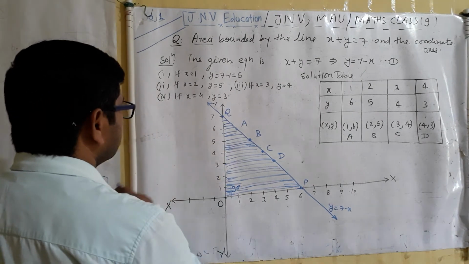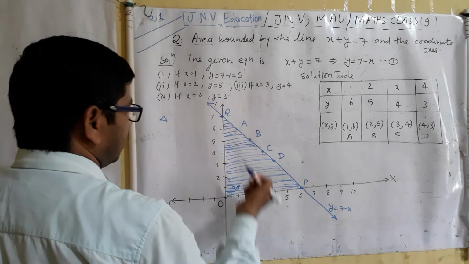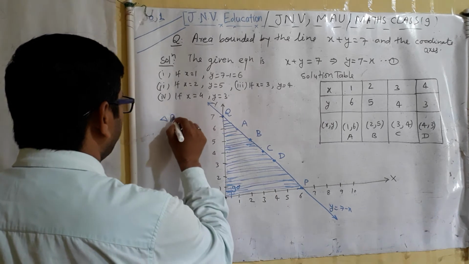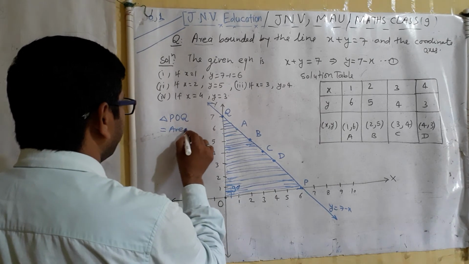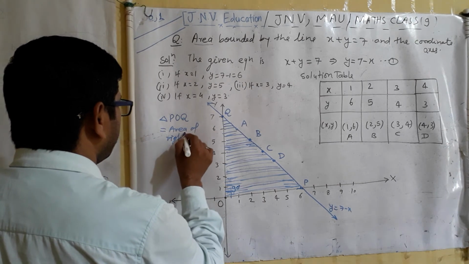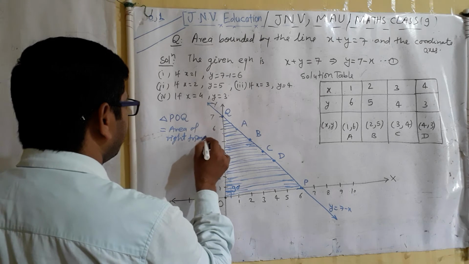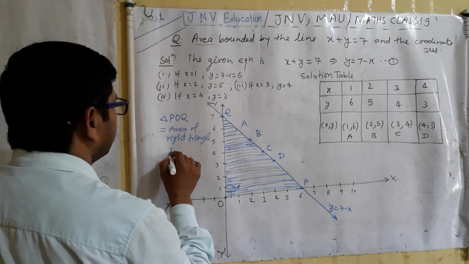So area of this right angle triangle POQ is equal to area of right triangle POQ.